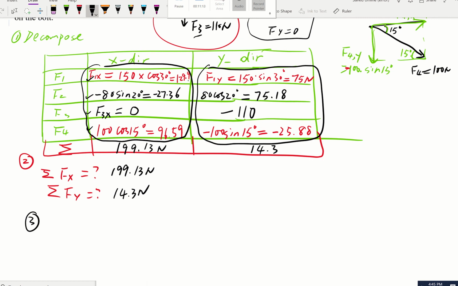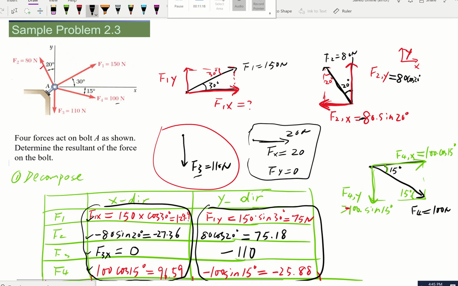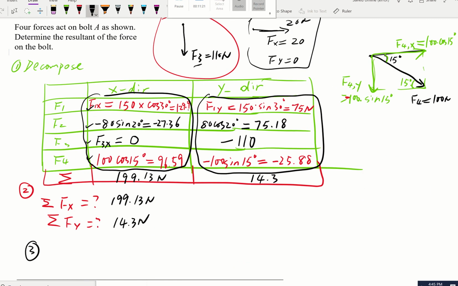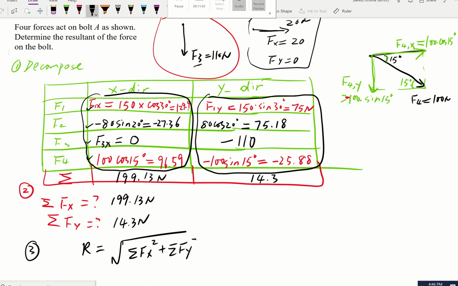Then we're going to get to our last step, because our goal is finding the resultant of all those four forces together. And we're going to use our equation. The resultant magnitude will use the Pythagorean theorem. Sorry for my messiness here. So square root of summation of Fx squared plus summation of Fy squared. Then put them together. You have 199.13 squared plus 14.3 squared.